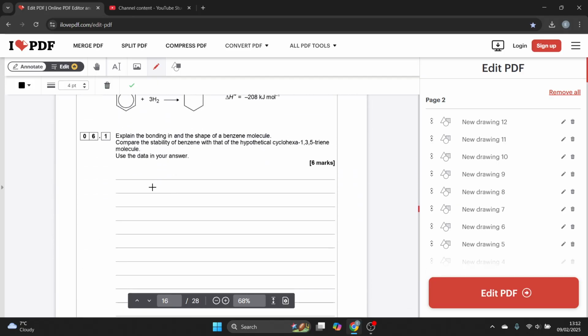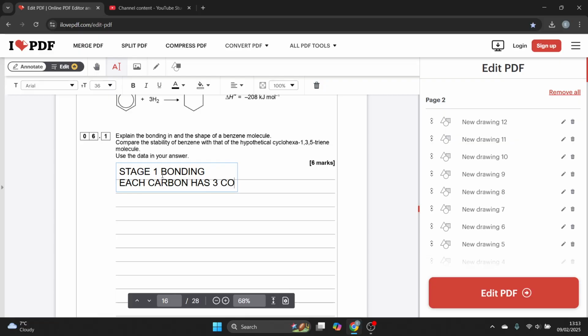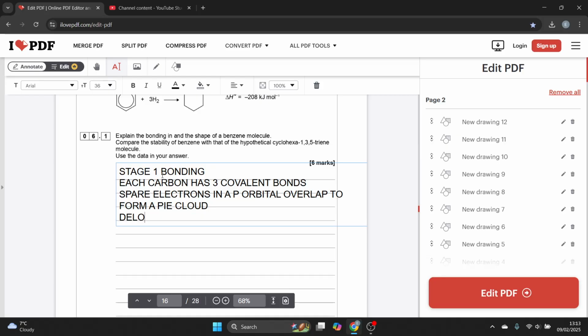So not that difficult. Explain the bonding in the shape of benzene molecule. So stage 1 bonding. Each carbon has 3 covalent bonds. Spare electrons in a p orbital overlap to form a pi cloud, delocalization.